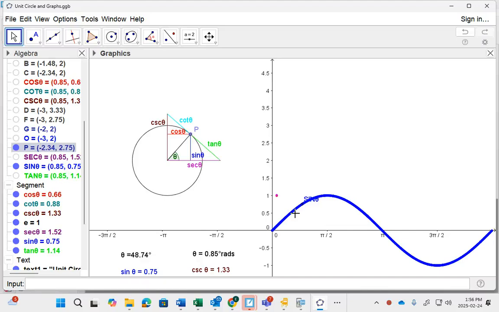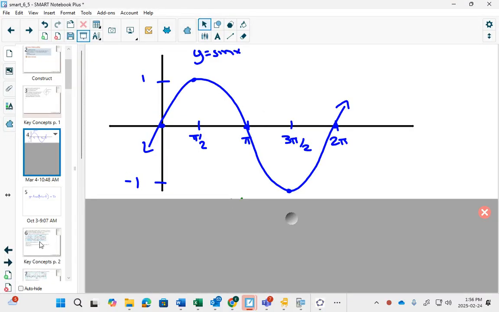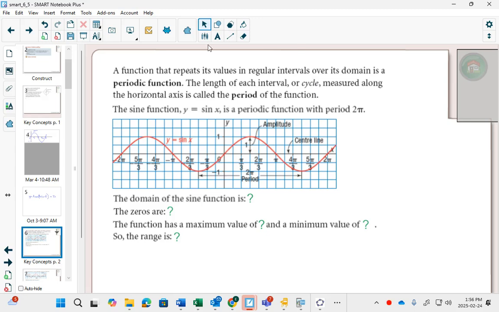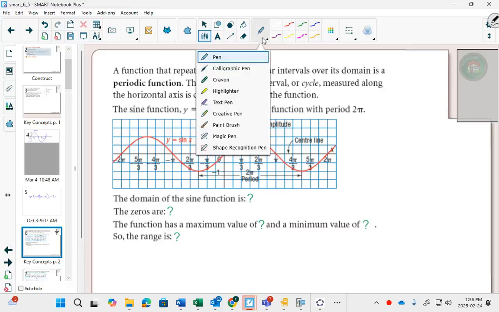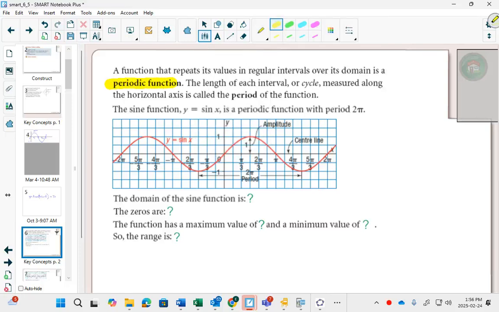Now that we have this graph, there are some properties that we need to know and some things that we can highlight. So, some definitions. We call the sine graph and cosine graph a periodic function. Here's the definition. Because it just keeps repeating itself over and over again. The same thing with daylight hours.